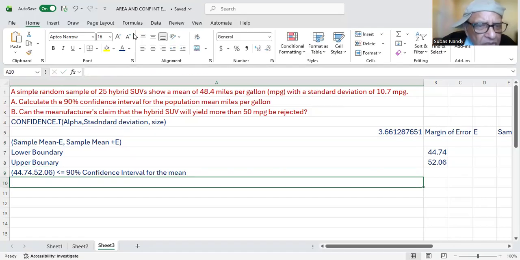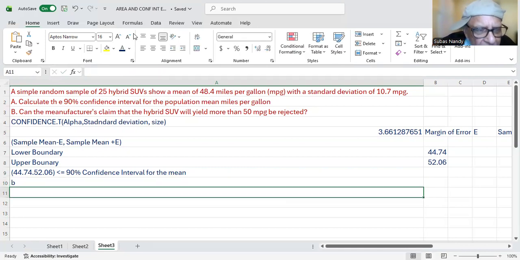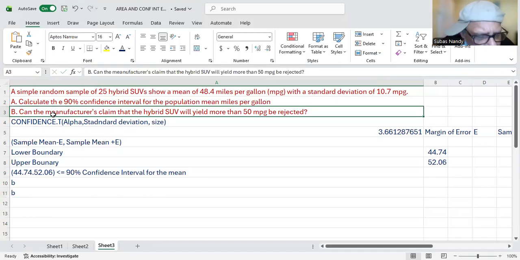Now to work out part B, let me copy this over here.